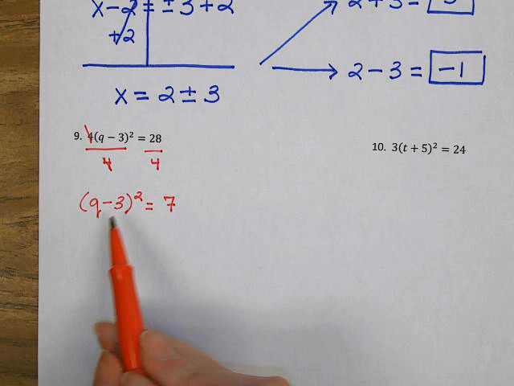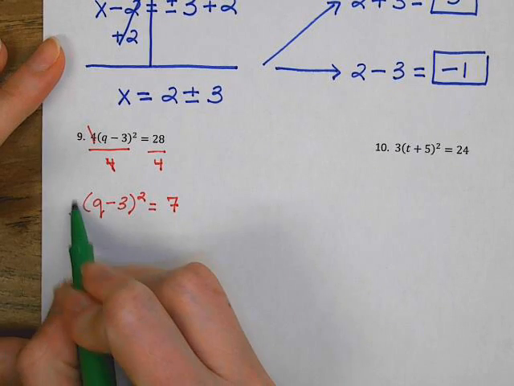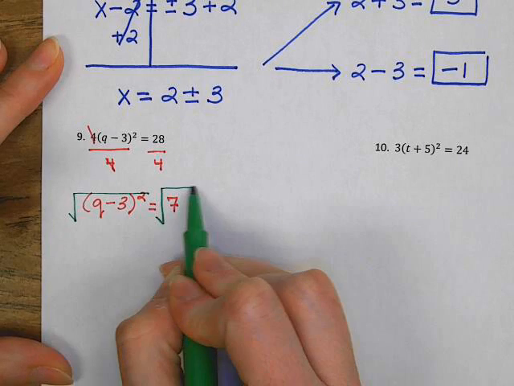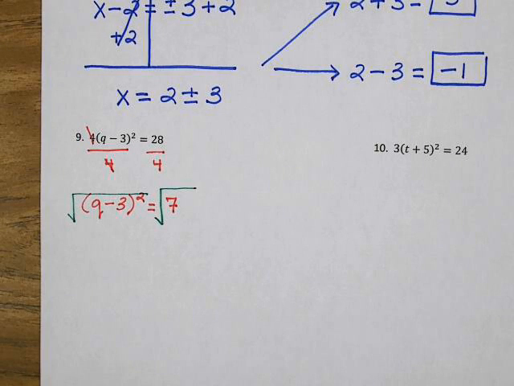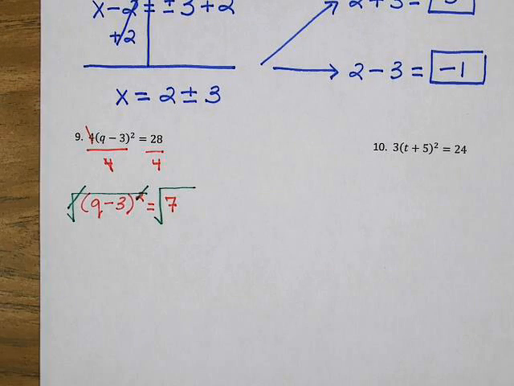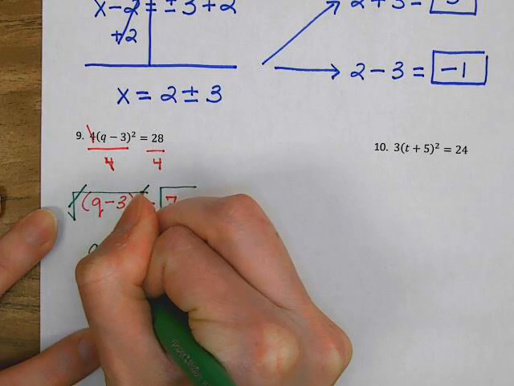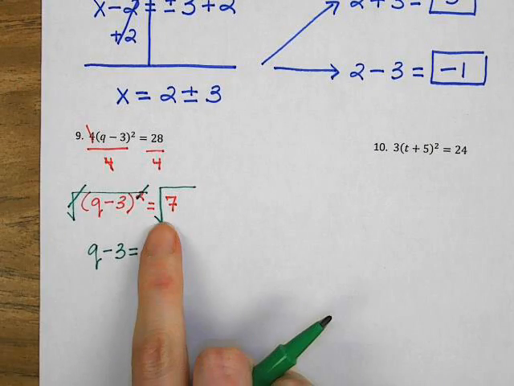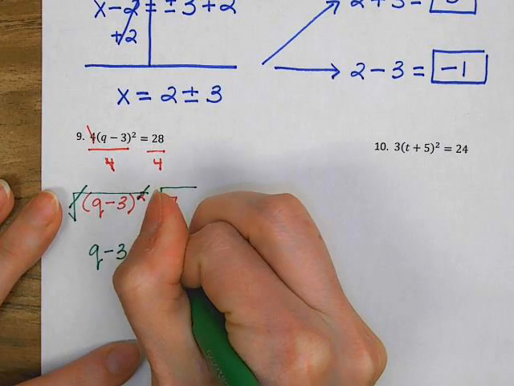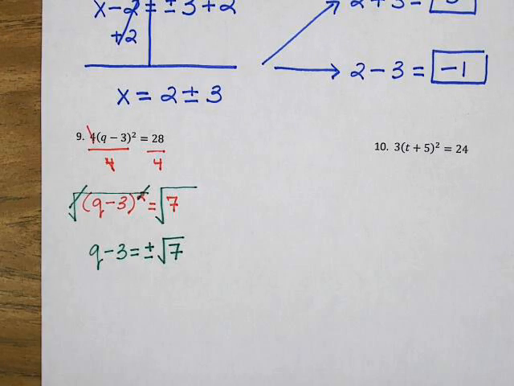When you have something squared equals a number, you square root both sides. You guys know the deal. Square rooting a square, they cancel. We are left with q minus 3 equals square root of 7. I'm just going to leave it because I don't know what that is, but plus or minus.